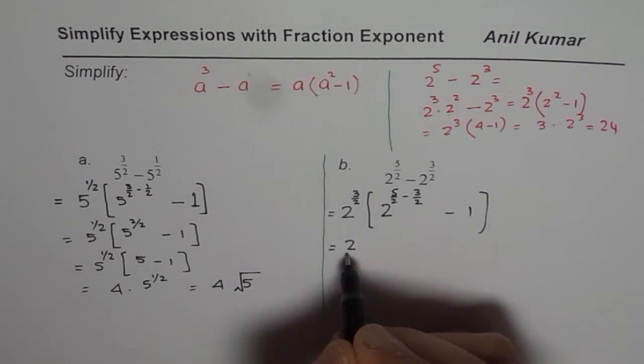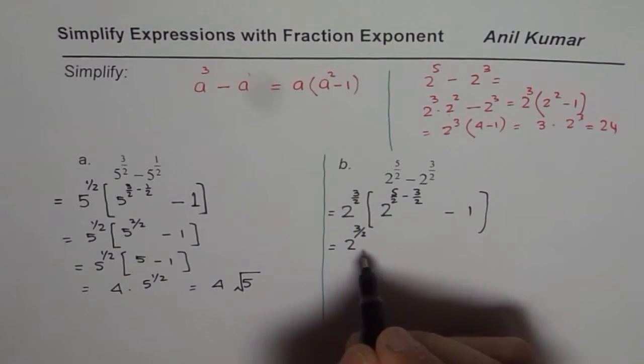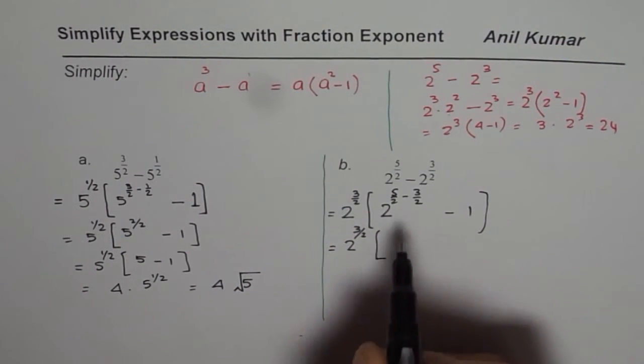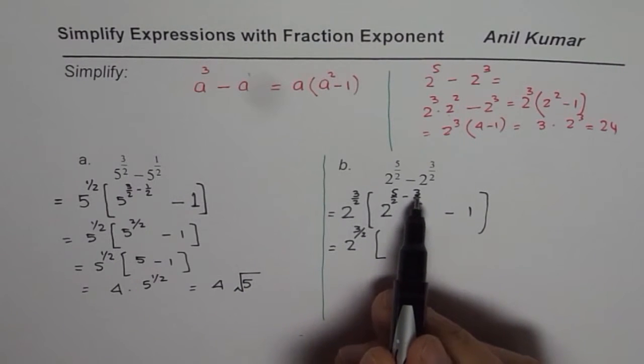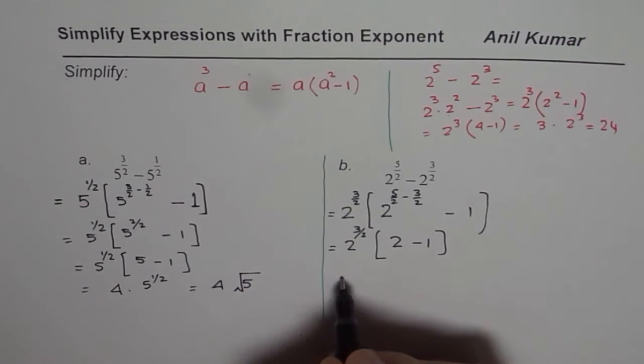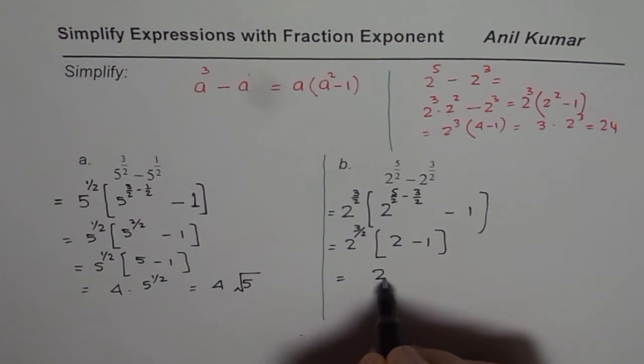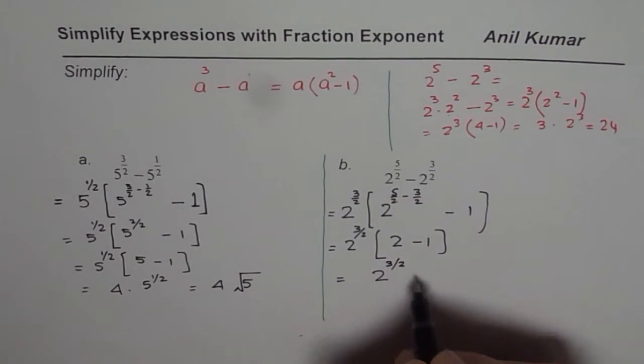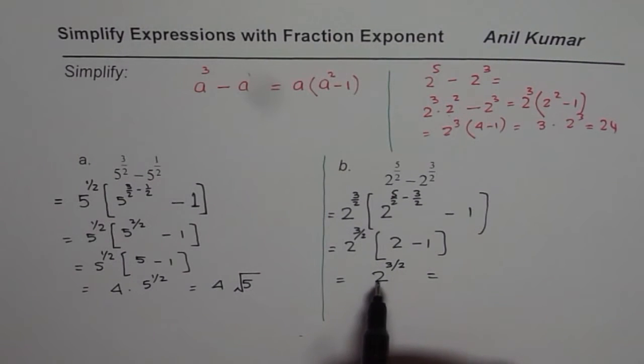Now we have 2 to the power of 3 over 2 outside, and inside it is 5 minus 3 is 2, 2 over 2 is 1. So we get 2 minus 1, which is 1. So we get 2 to the power of 3 over 2. We can write it in different ways. The 3 is the power, and the 2 is the radical, the square root.